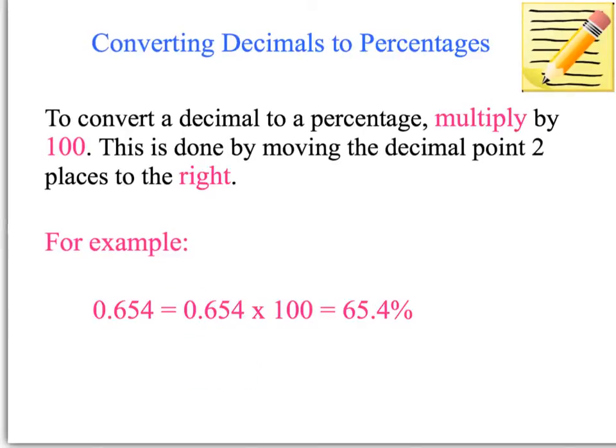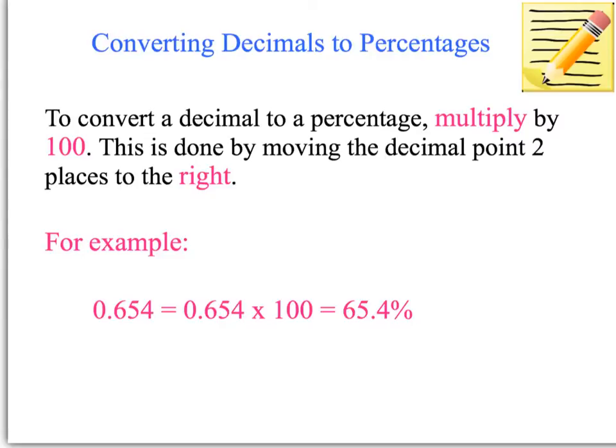Now, when we're converting decimals to percentages, we do the opposite. Where we divided to convert percentages to decimals, to convert a decimal to a percentage, we multiply by 100. So we move the decimal point right: multiply, right, we move it right 2 decimal places.